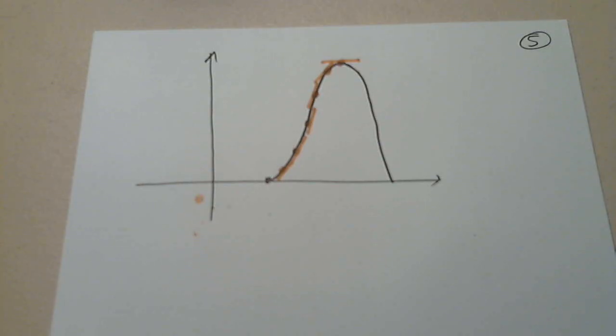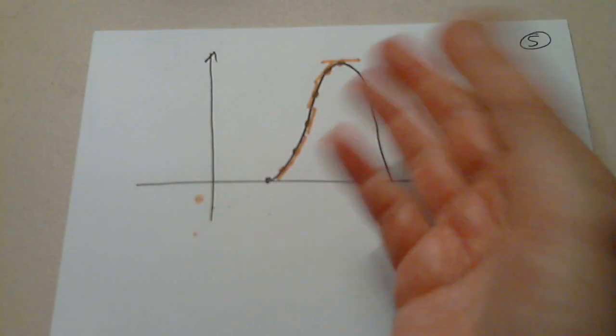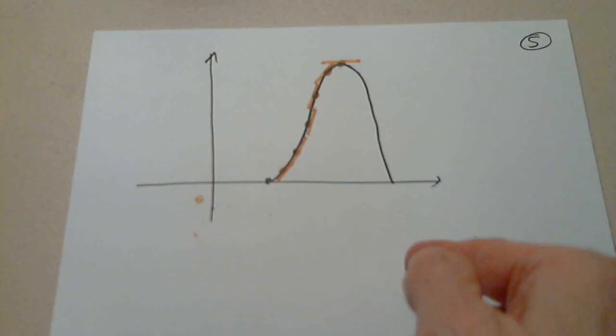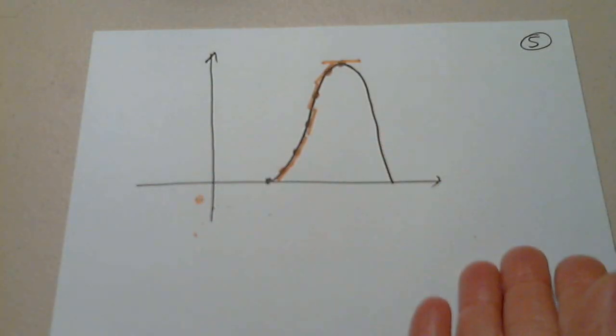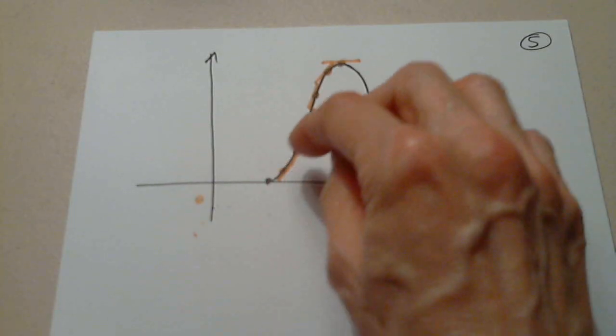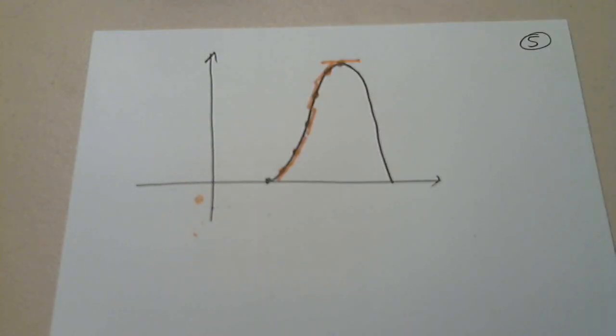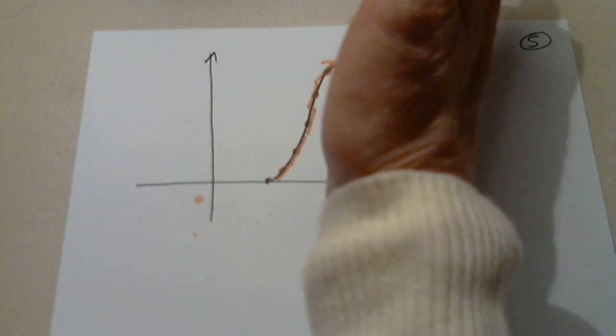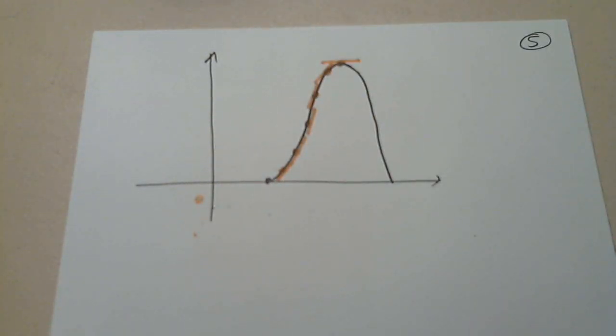The fastest increase of this curve, and why didn't I continue? Because this is a decrease. I don't care about the decrease. I care about the fastest increase. That's the reason why I only drew tangents on the left-hand side, where the function is increasing, then the function is decreasing. And I want to determine the fastest increase.